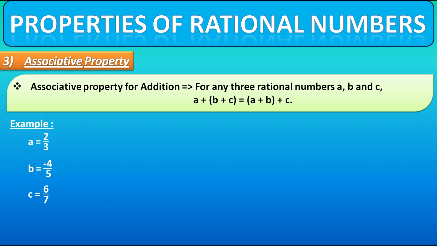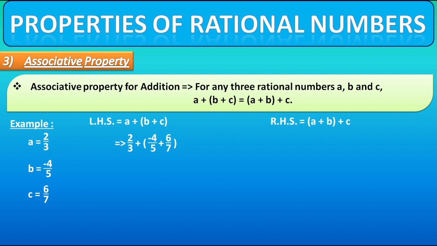Okay, now the LHS part is a plus (b plus c). First of all we will solve it. So the values of a, b, c I'll put in the formula. So 2 upon 3 plus (minus 4 upon 5 plus 6 upon 7). Now as per the rule of BODMAS, first of all we have to solve the bracket.